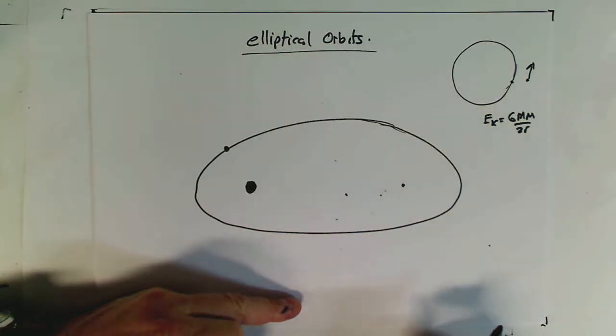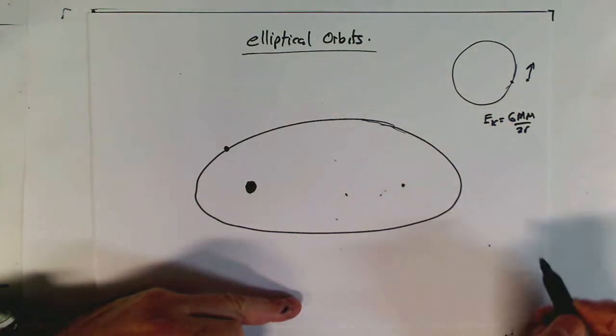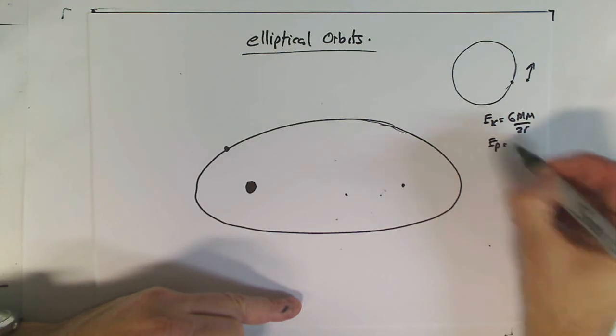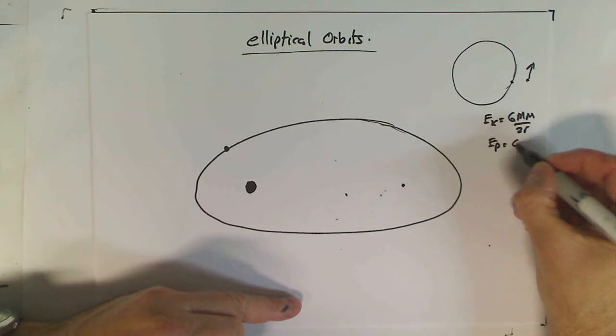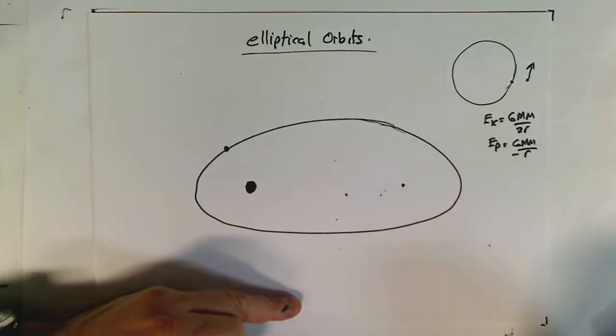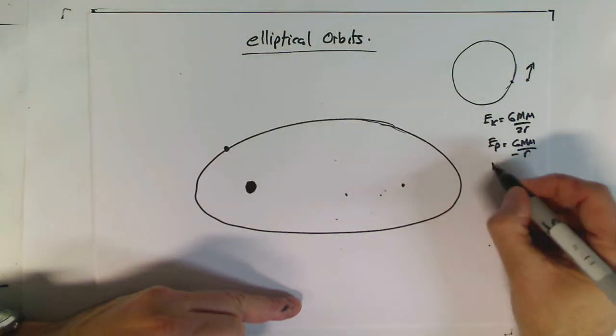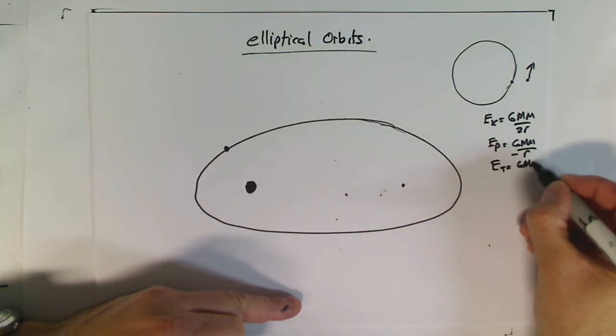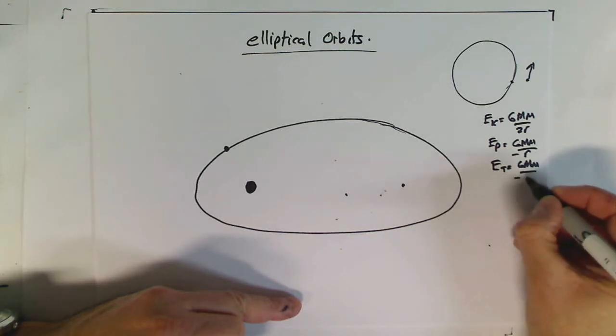Now that's positive, and that's constant because the r is constant. And we worked out that the potential energy was equal to minus GMm all over r, but that was negative. So we worked out that the total energy, this is all for circular, was minus GMm over 2r.